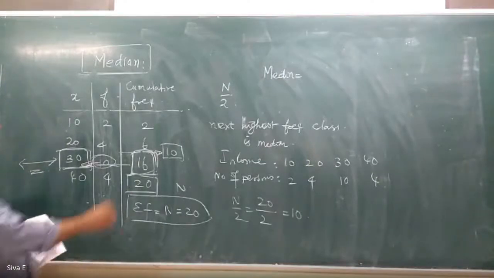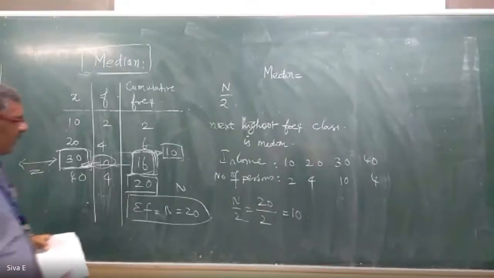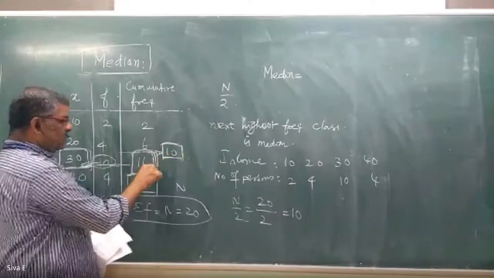The cumulative frequency lies between 6 and 16. The next highest value you have to take, 16.